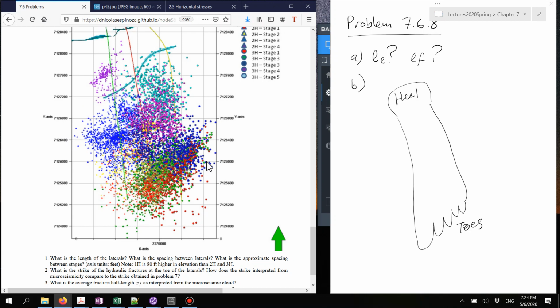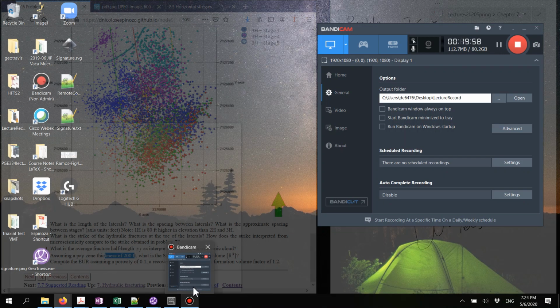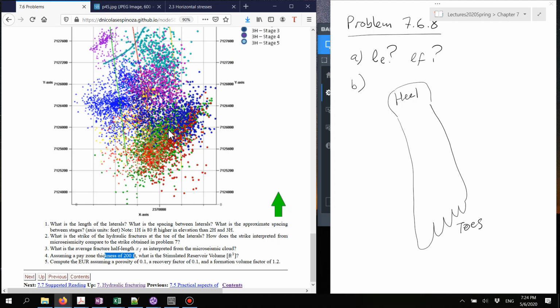If you multiply this area times the thickness of the formation, that's going to give you the total reservoir volume, right? If you multiply that total reservoir volume times porosity, that's going to give you the pore volume. If you multiply that pore volume times 1 minus water saturation, that's going to give you hydrocarbon volume.